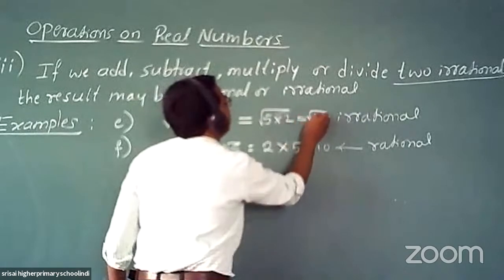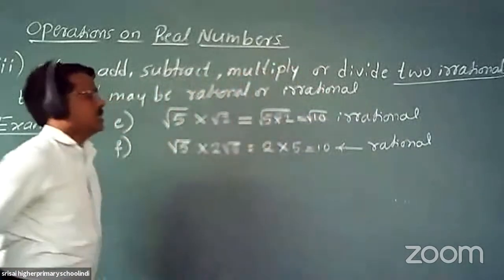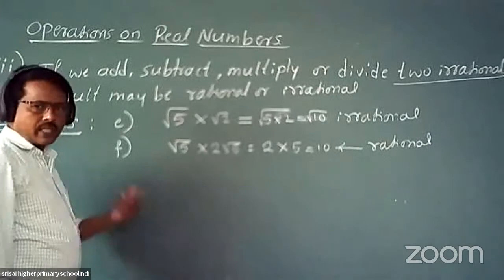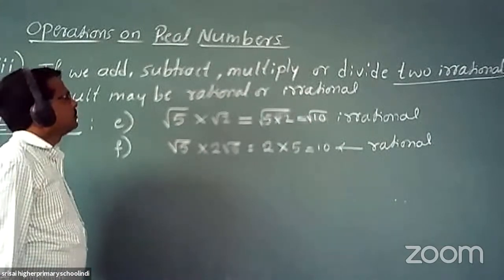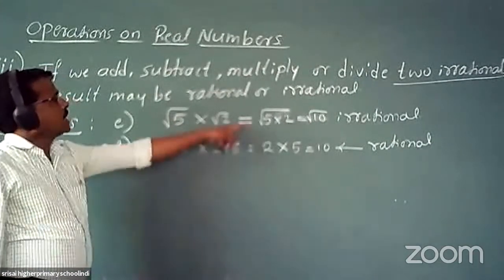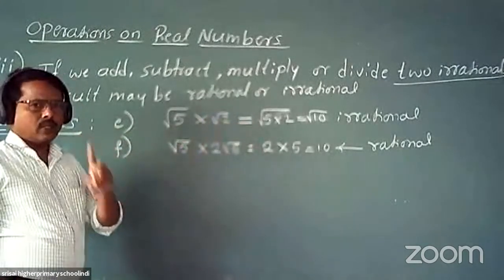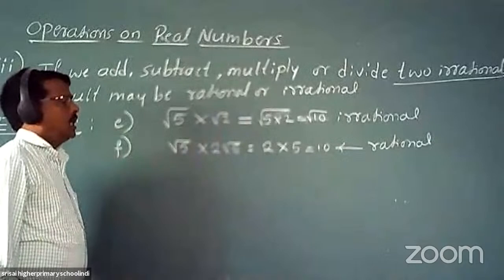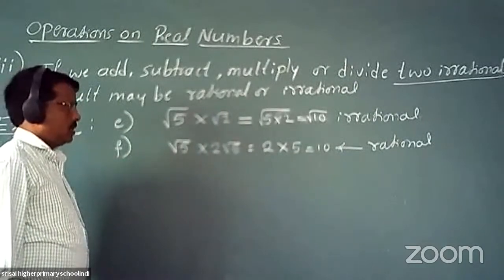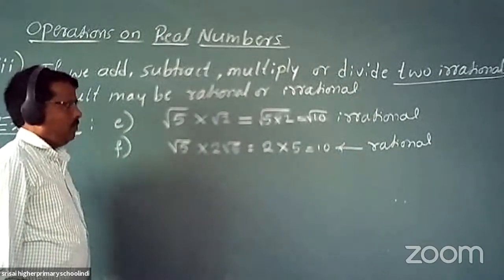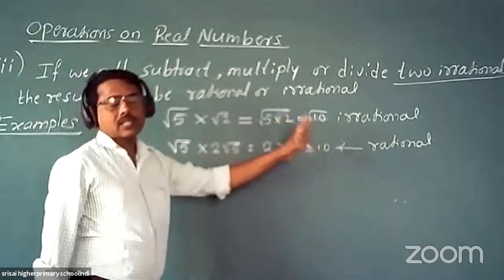It is square root of 10. Square root of 10 is also irrational. Otherwise, you can take one more example, no problem. This answer is irrational, this is rational. So if you multiply two irrational numbers, your product may be irrational or rational.